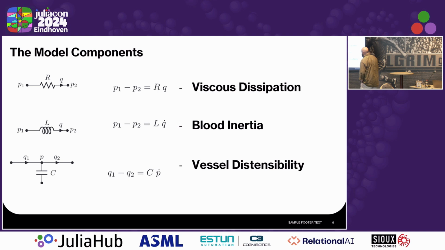The resistances are viscous dissipation, so you've got arterial blockage, indication of a resistance, i.e. some pathophysiology there. Inertia, represented by an inductance, and then vessel distensibility, so how much does an artery contract and release. So quite intuitive representations of each compartment.